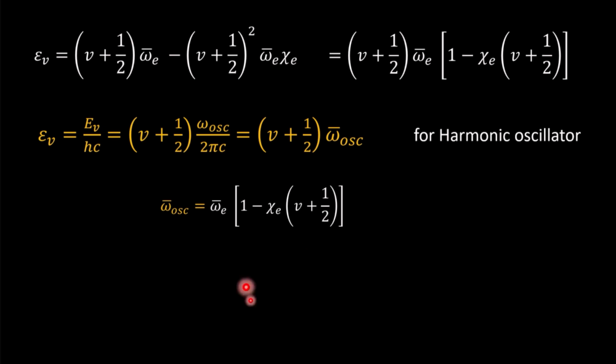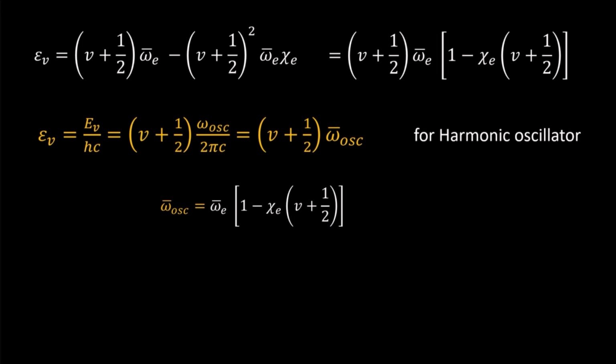That means omega e bar corresponds to the oscillation frequency of the anharmonic oscillator, or in other words, the anharmonic oscillator behaves like a harmonic oscillator but with a frequency which decreases steadily with increasing quantum number v.